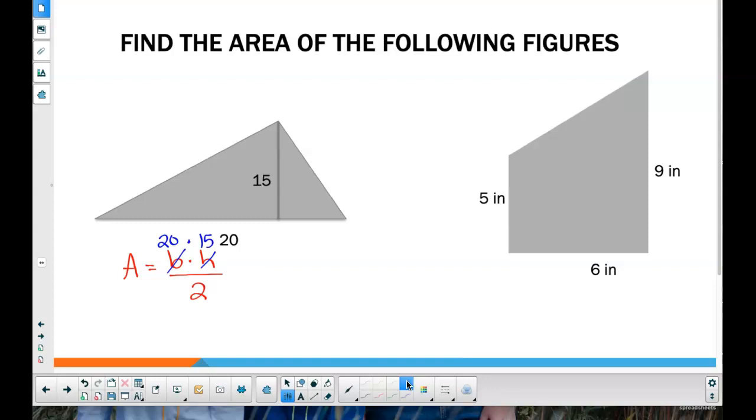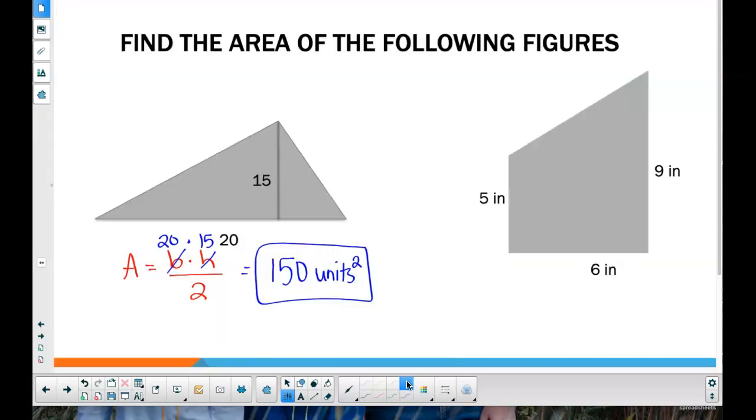Base times height, 20 times 15 divided by 2 is what? Go ahead, Caleb. 150 units squared in this case. I'm just doing 20 times 15 divided by 2.